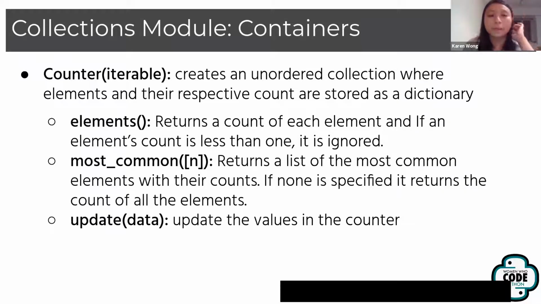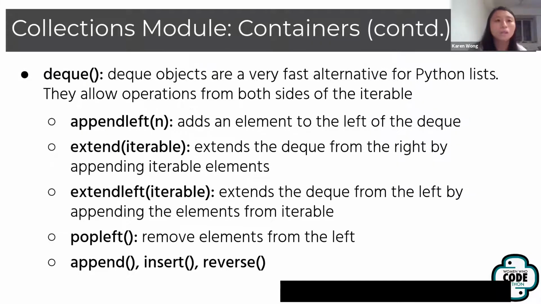When we do hands-on coding, we will be going over these functions from the counter module. The second function we'll be doing is deque. It's actually a very fast alternative for Python lists. It allows operations from both sides of the list.